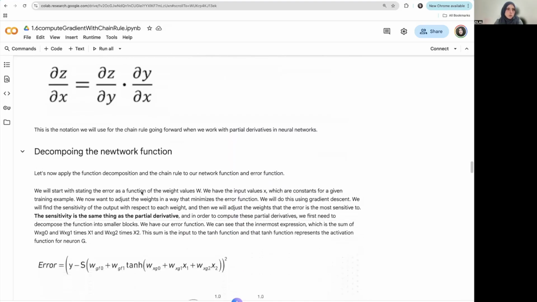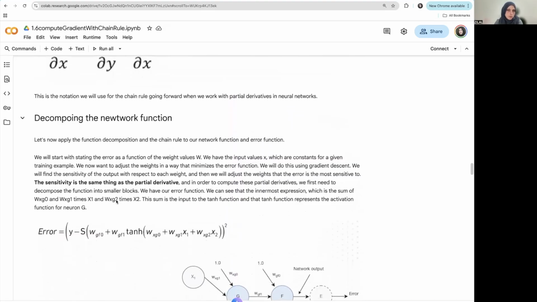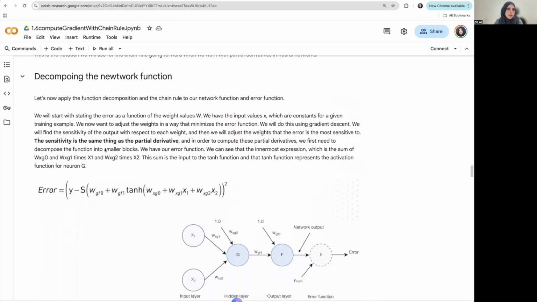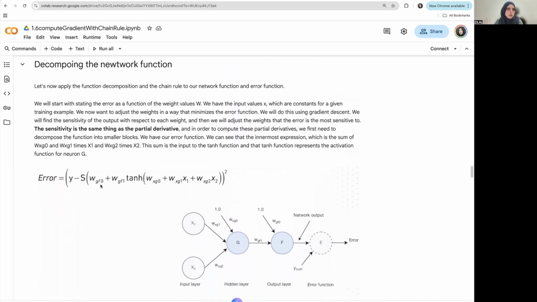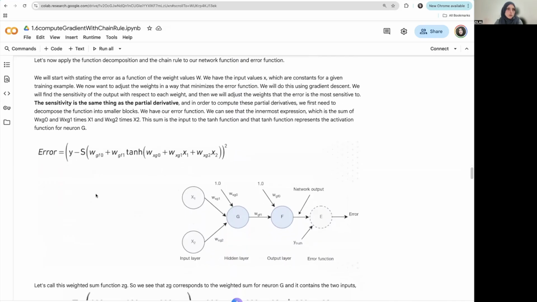This is the notation we will use for the chain rule going forward when we work with partial derivatives in neural networks. Now let's apply the function decomposition and the chain rule to our network function and error function.